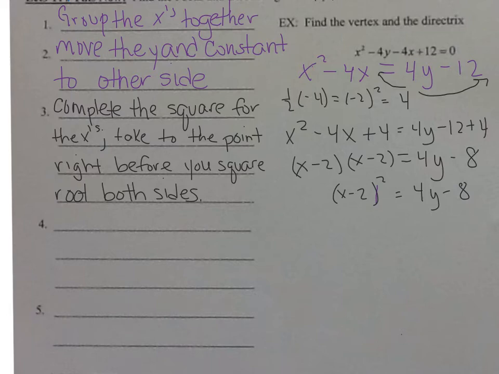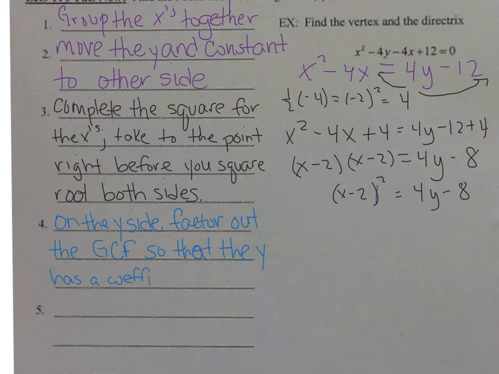So step 4 is to, on the y side, factor out the GCF so that the y value, just the y, has a coefficient of a 1.